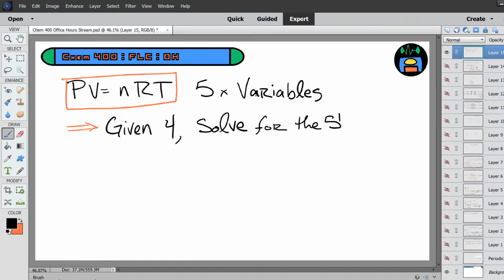That's just algebra. That's one scenario. Second scenario, you could be given 3 plus an equation.